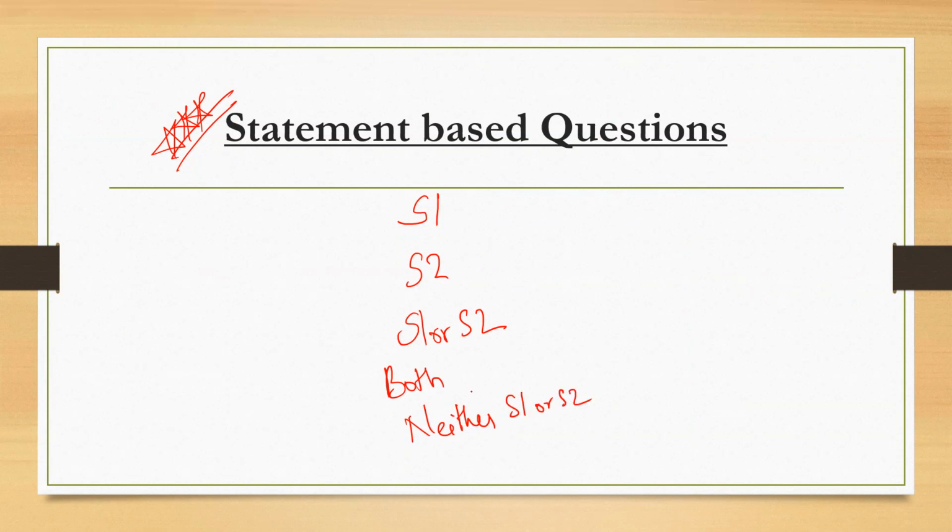This is your order. Now, whenever two statements are given, let's say statement 1 and statement 2, and finally a question is asked, here you should be very careful about which option to select. Now, let's say I am asking a question: what is the value of x?